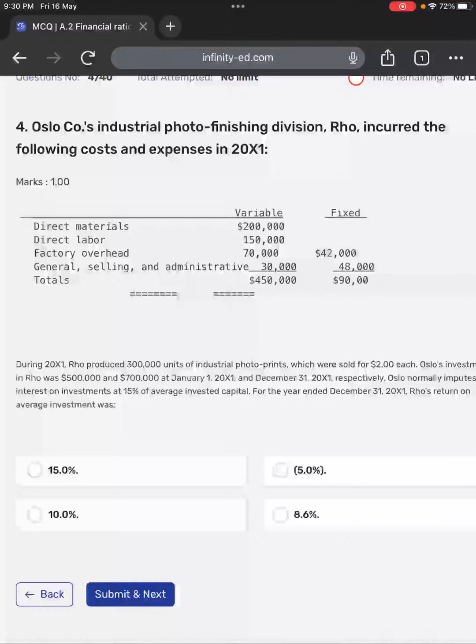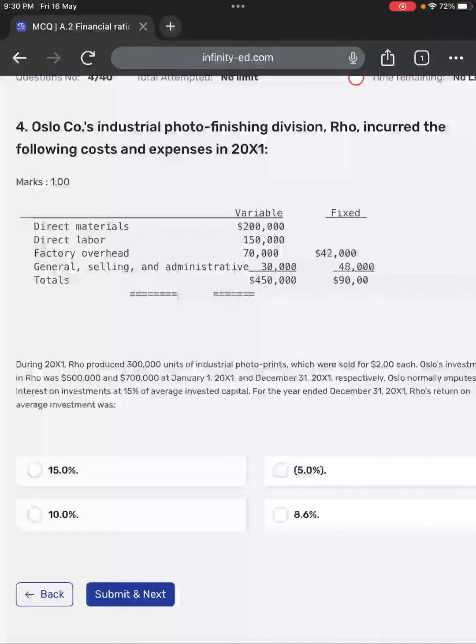Total sales value is 300,000 units multiplied by 2, which comes to 6 lakh.